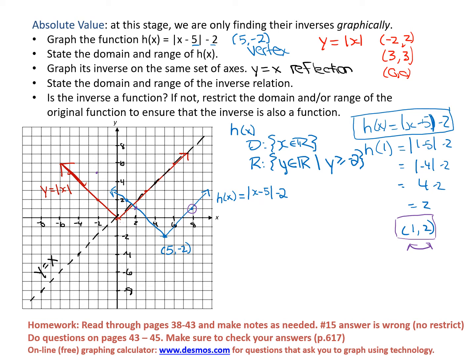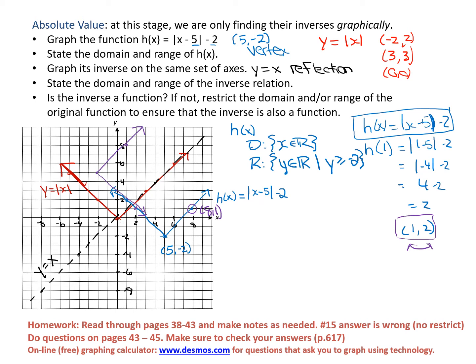This one that I put the circle around is (8, 1). That was on my original. That's going to go to (1, 8). So you just need to get a few points and switch them around, and you have enough to do your inverse. I'm going to try and draw that on with a ruler first, and if I can't, I will have to just do it free.